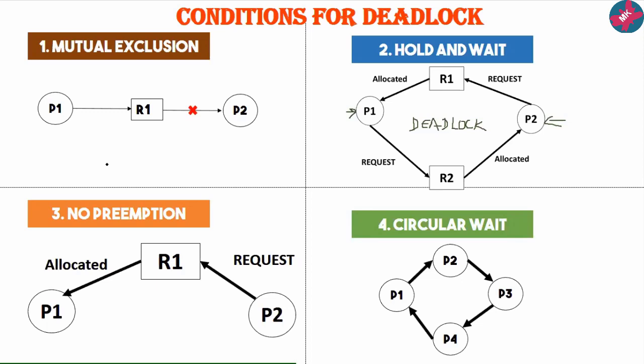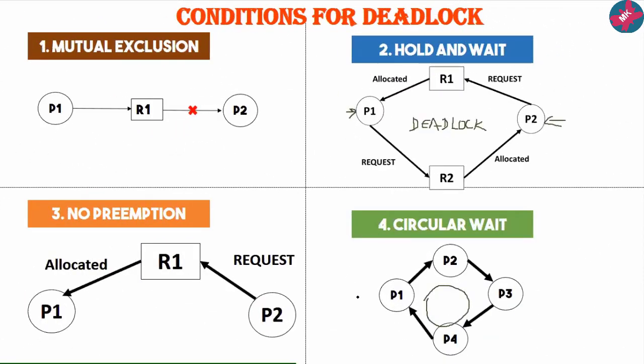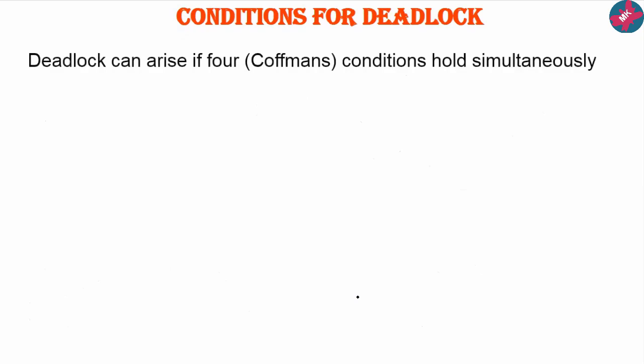P3 is waiting for a resource held by the process P4 and P4 is waiting for a resource held by the process P1. So if such type of scenario exists, then we could say circular wait is there and this definitely leads to deadlock. So if in a system deadlock is to occur, all these 4 conditions must occur.